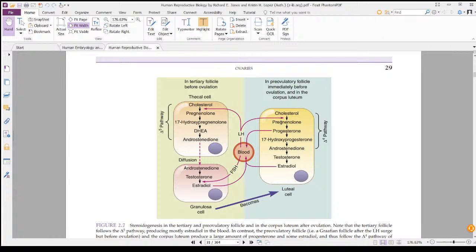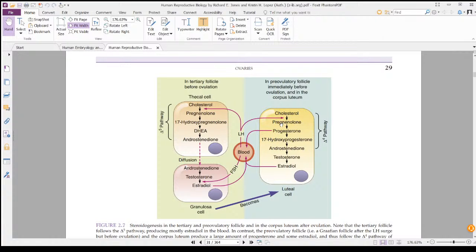That will lead to the delta 4 pathway, where cholesterol will again be taken and converted to pregnenolone. But you can see here pregnenolone gets converted to progesterone instead of 17-hydroxypregnenolone and DHEA. That takes a different route.